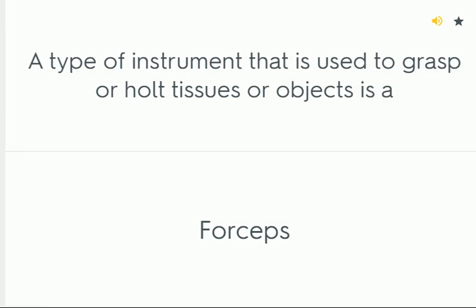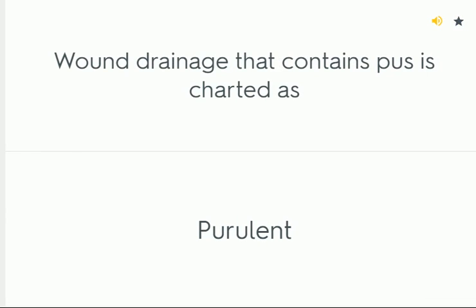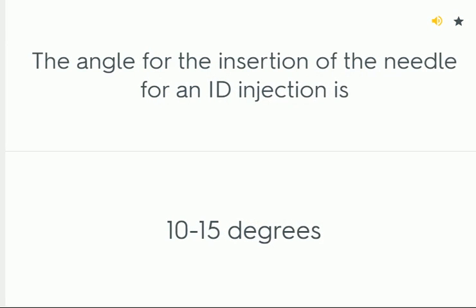A type of instrument that is used to grasp or hold tissues or objects is a forceps. Betadine should not be used on the skin of a patient who is allergic to iodine. Wound drainage that contains pus is charted as purulent. The angle for the insertion of the needle for an ID injection is 10 to 15 degrees.